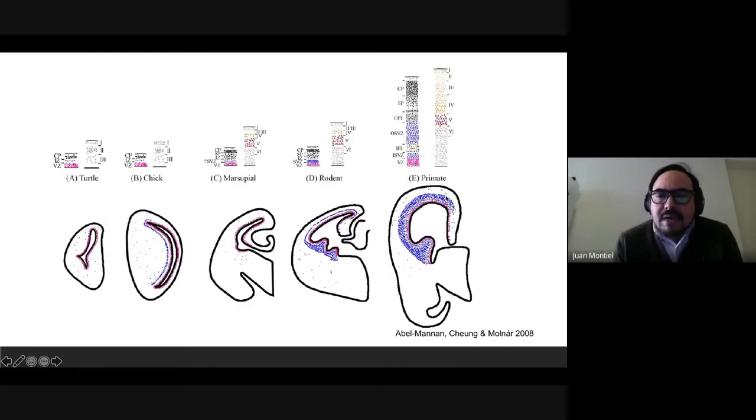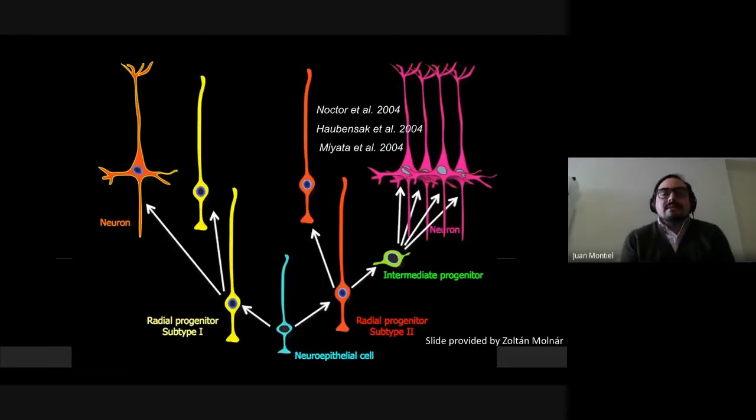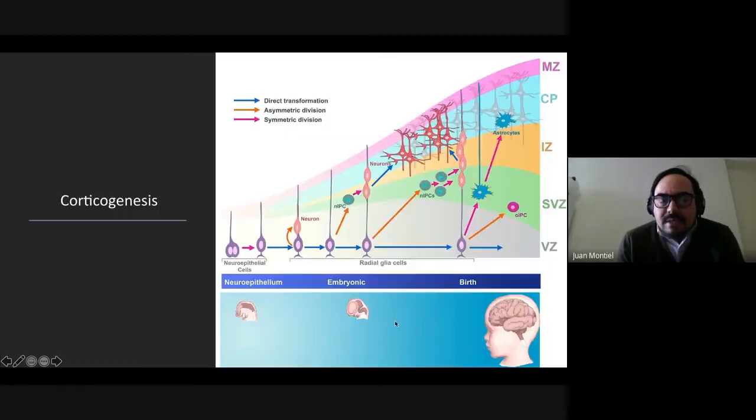In the case of the primate and the mammalian brain, we can see the 6 layers, from layer 1, 2, 3, 4, 5, 6, and even more. Layer 4, for example, is subdivided, and layer 6 is also subdivided. So what happened in this proliferative compartment? We can see heterogeneity between the progenitors. We can differentiate radial progenitors, which are undifferentiated neuronal stem cells, like subtype 1 and subtype 2.